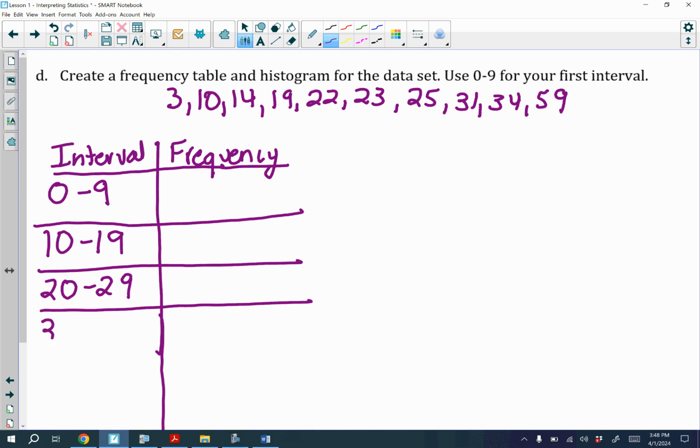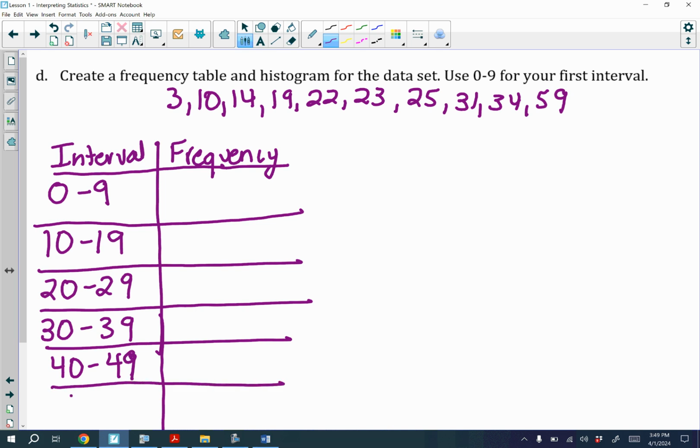Then I want 30 to 39. Then I need 40 to 49. That looks like a weird 4. Sorry, guys. There we go. And then lastly, 50 to 59. Now, you may be wondering, how do you know when to stop? Well, my last value is 59. That's where this interval is at. So that's when I know to stop.